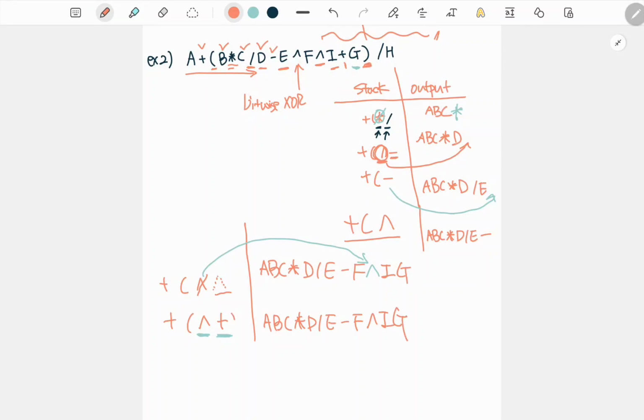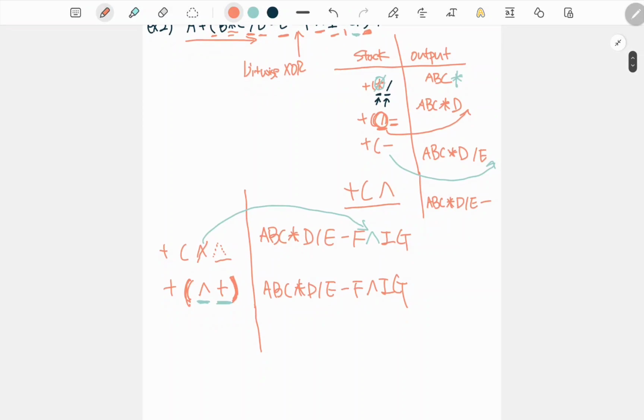We're gonna close it. Now when we have a closed parenthesis, we're gonna pop these out first before we go on to the next step. So we are going to have a plus here, A, B, C, D, E, F, I, G, and then when you pop out stuff in parenthesis in the stack, you pop it out this way.